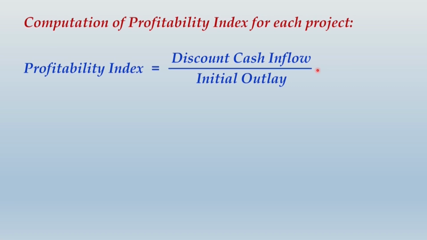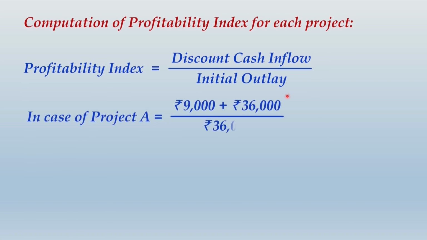What is known is the NPV and the initial investment. So use your simple common sense. The NPV, which is arriving as 9,000, which was the expected NPV, and the initial investment in project A is given as 36,000. So do you know how we compute NPV? It is PV of cash inflow minus PV of cash outflow.